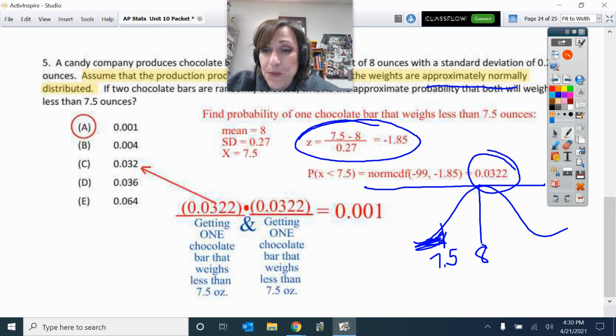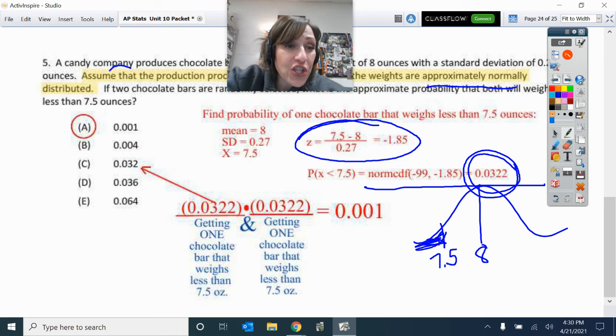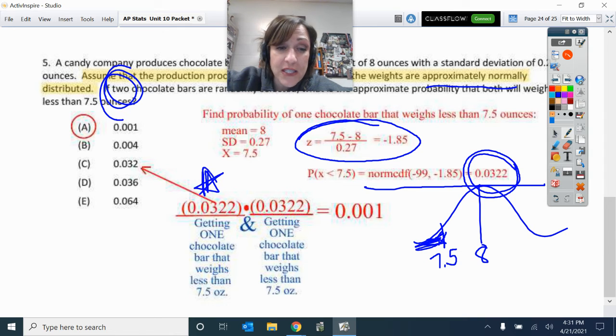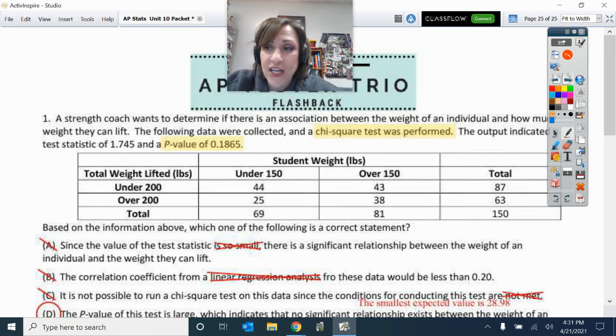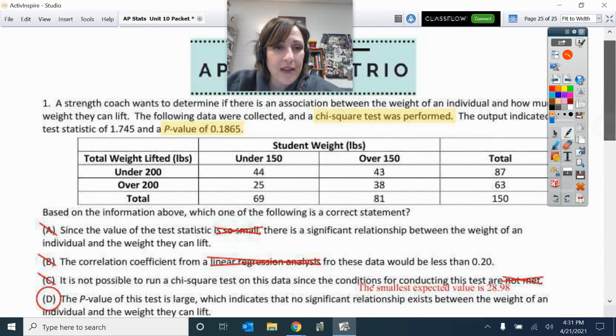Once I got this probability here, I need 2 chocolate bars, and they're independent of each other. So I need this one to be less than 7.5 ounces, and I need this one to be less than 7.5 ounces. So those numbers just multiplied together. So that was A.